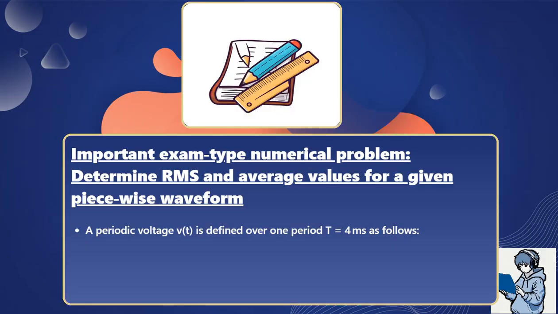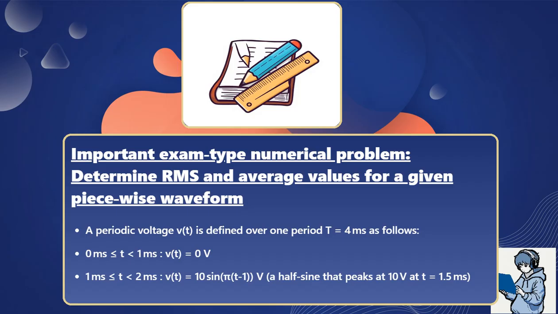A periodic voltage V of t is defined over one period T equals 4 milliseconds as follows. For 0 milliseconds less than or equal to t less than 1 millisecond: V of t equals 0 volts. For 1 millisecond less than or equal to t less than 2 milliseconds: V of t equals 10 sin pi (t minus 1) volts, a half sine that peaks at 10 volts at t equals 1.5 milliseconds.